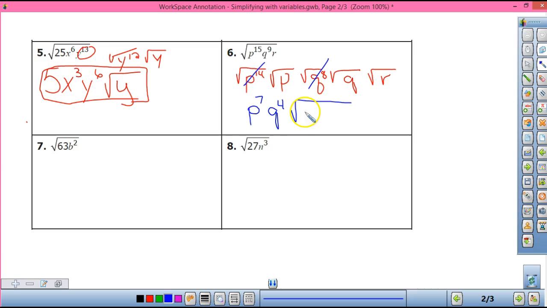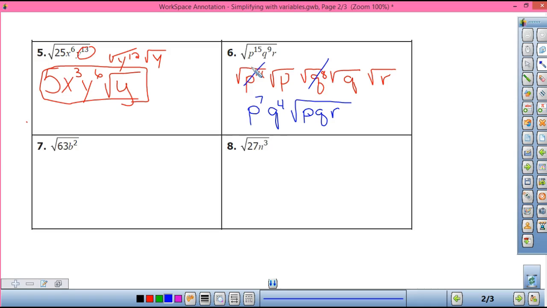A p, a q, and an r. Yep, because I have p to the 14th and p, if I put them together, I get that p to the 15th. Okay?